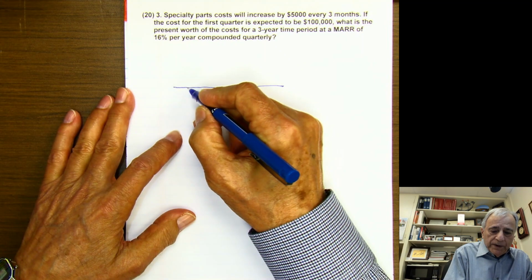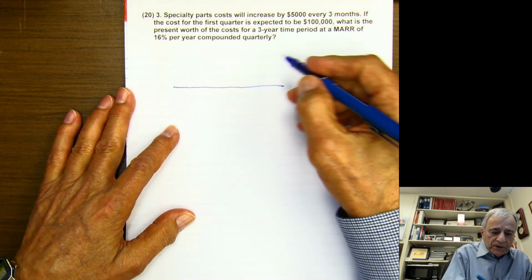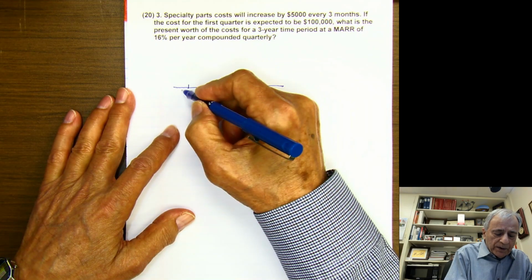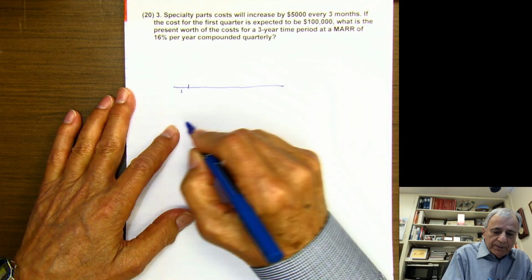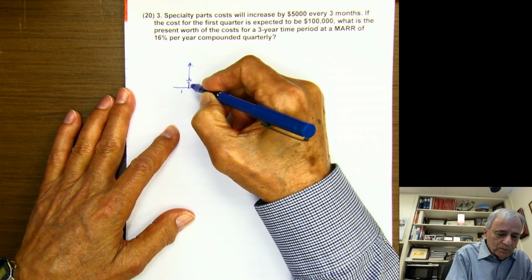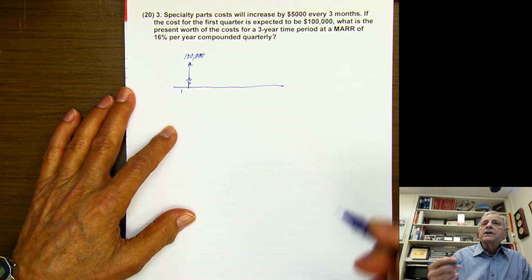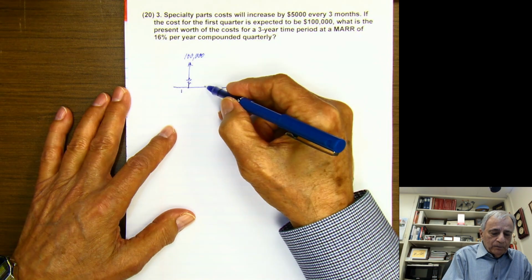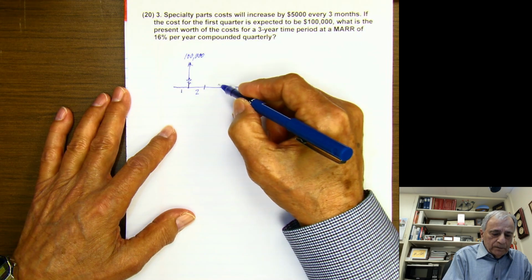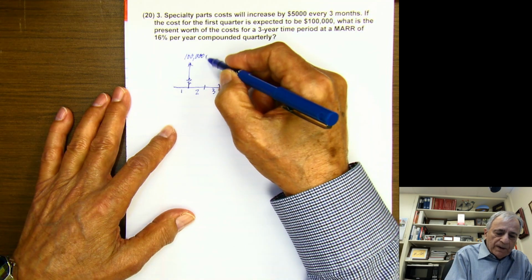We've got a 3-year period, but we've got a quarter. At the end of one quarter, we make a deposit of $100,000. And then every quarter after that, it increases by $5,000.